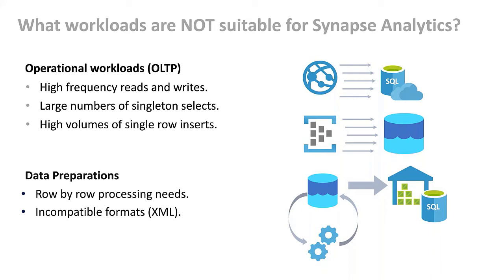The other things that are not a good fit for your data warehouse are OLTP workloads. OLTP workloads are the opposite of data warehouse workloads. We like to think of data warehouse workloads as OLAP, or online analytical processing. They're mostly read workloads, and when we do insert or update data, we do it in bulk.